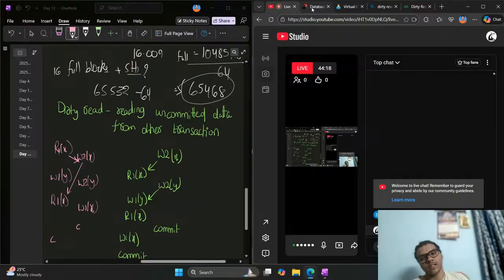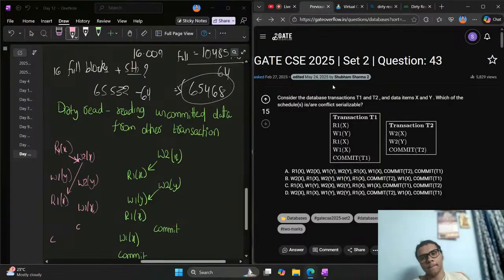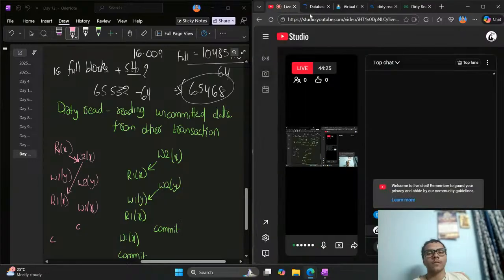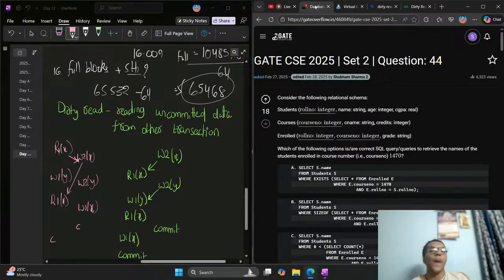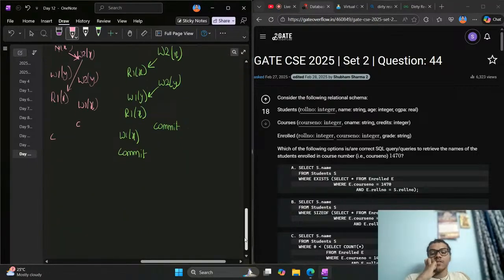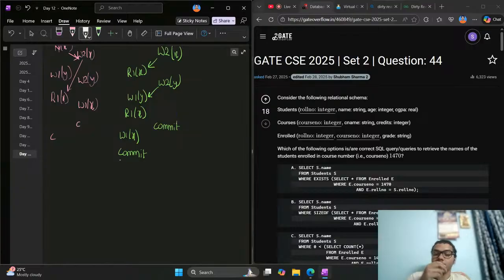Got it. So you just need to put pen and paper. Which of the following are correct SQL queries to return names of students enrolled in a course number? This is the students table: roll number, name, age, CGPA.